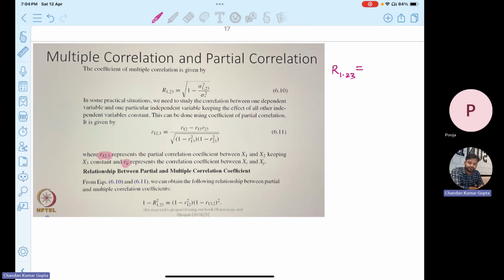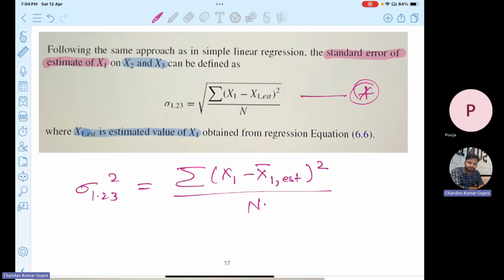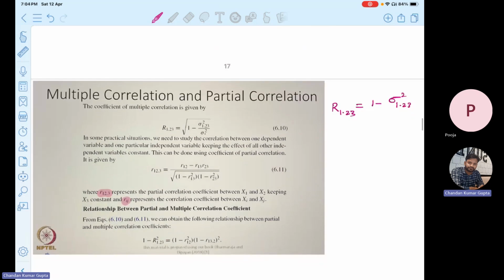It is 1 minus sigma square 1.23 divided by sigma 1 square, the true and estimated values, and then taking the square root, or power half. So this is the multiple correlation coefficient.